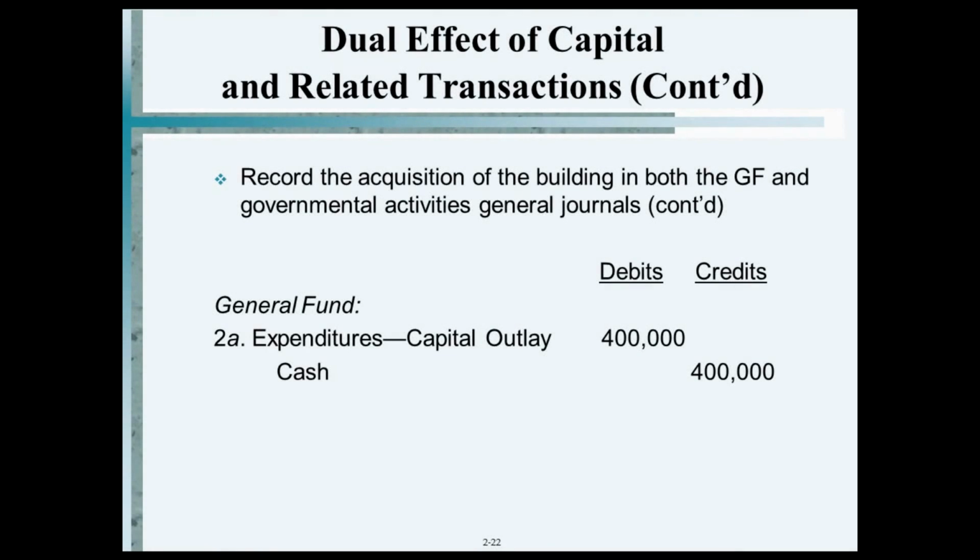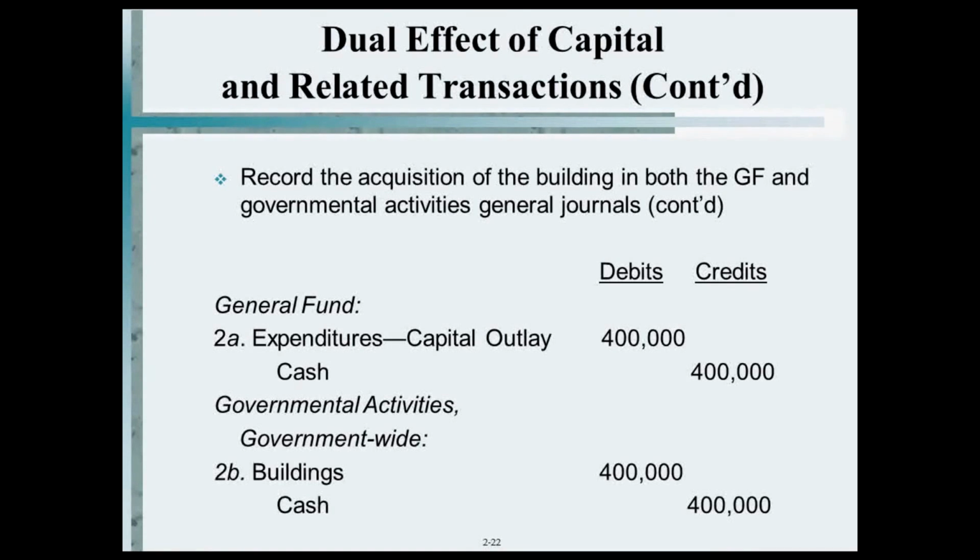Notice, under the general fund, this is not an asset. Very strange. Again, not an asset. But as soon as I turn to the other basis of accounting, what happens? It becomes an asset under government-wide.